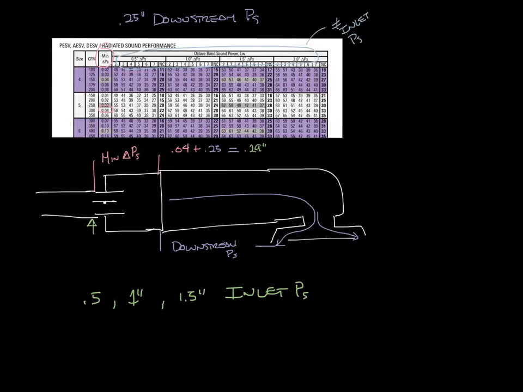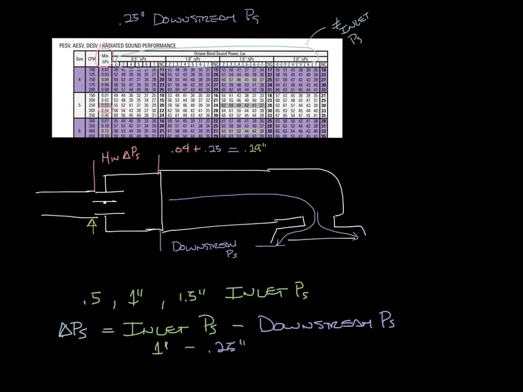And that is the pressure at the inlet of the box. Delta P is the inlet pressure minus the downstream static pressure. So let's say you have 1 inch inlet pressure and you have 0.25 inches downstream, so your delta P will be 0.75 inches.